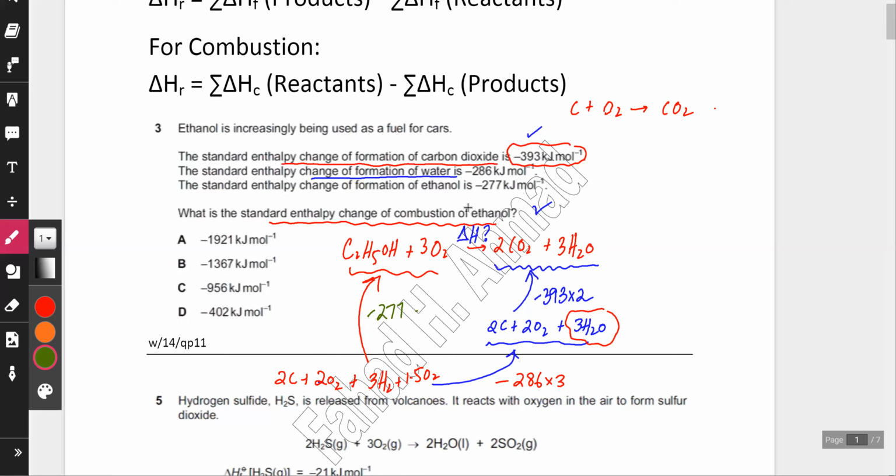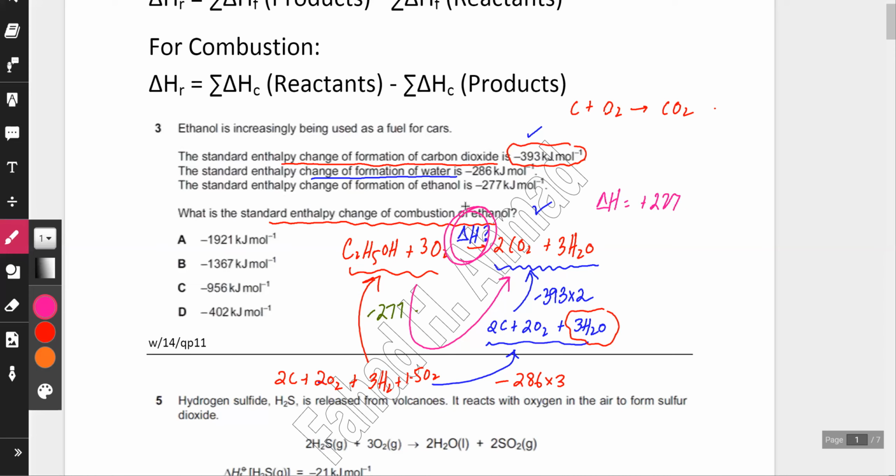Is that clear? So the enthalpy change of one path is the same as the enthalpy change of this other path, right? So your enthalpy change for the reaction, I mean this enthalpy change, is going to be what? It's going to be plus 277.